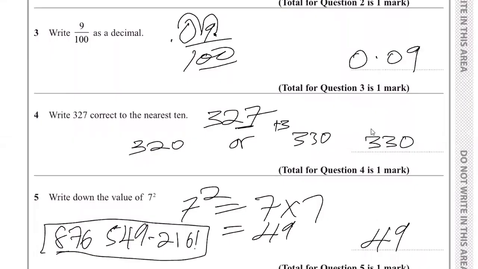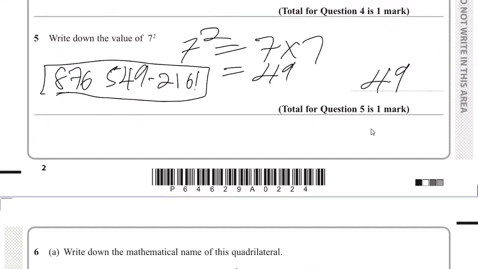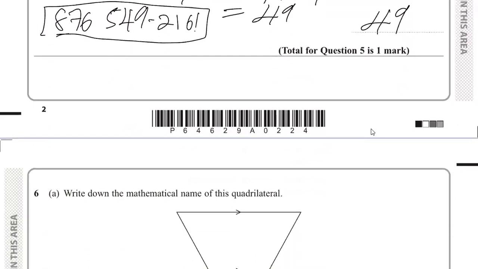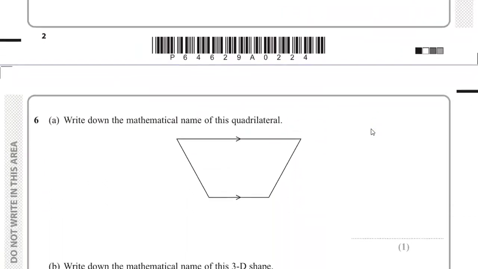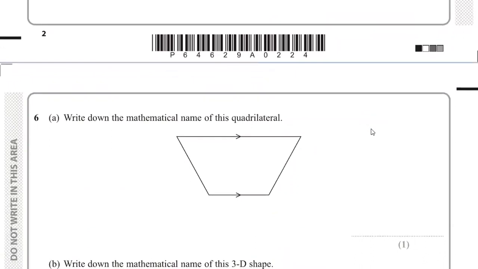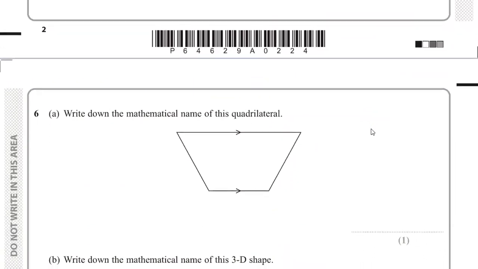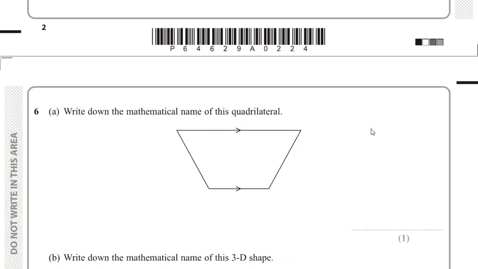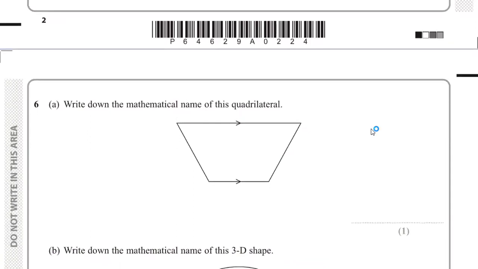Alright, guys, let's go down to number 6. It says write down the mathematical name of this quadrilateral. Alright, and this would be a trapezium. So this one is a trapezium.